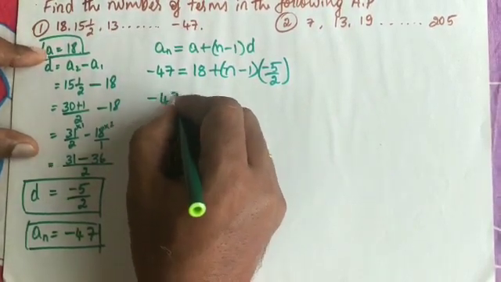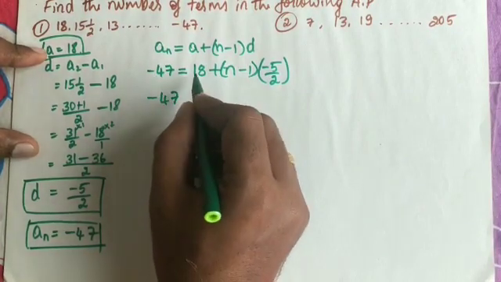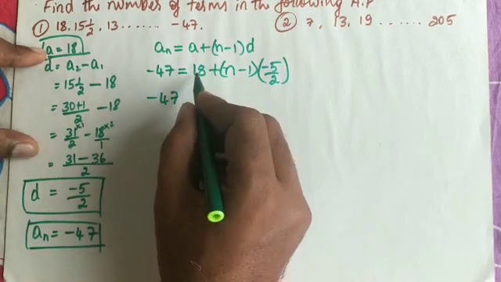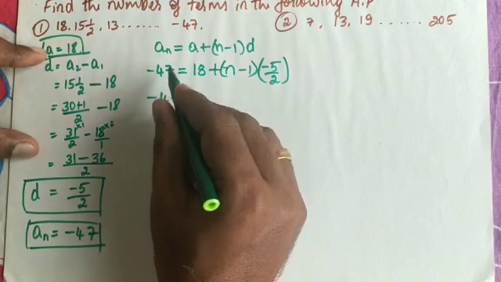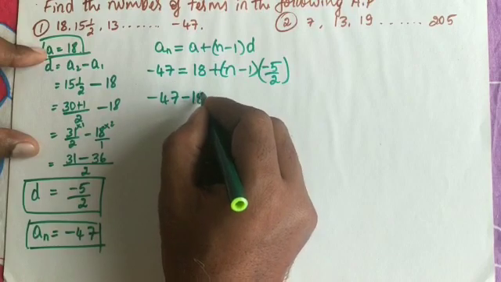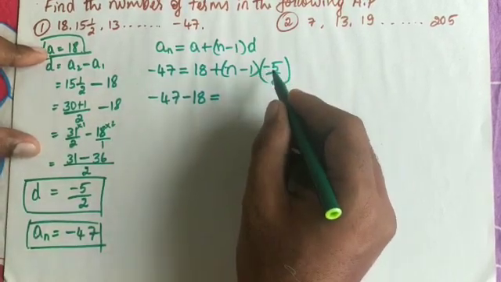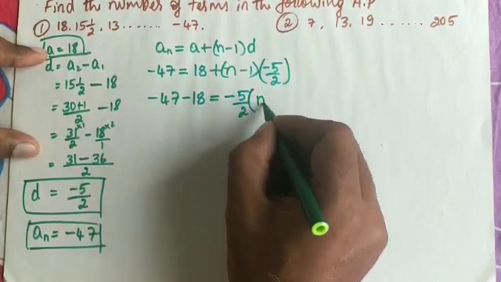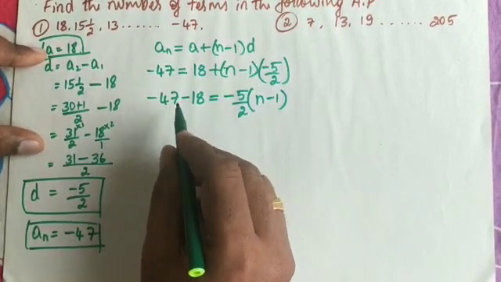Minus 47, and I will be taking this 18 to the left hand side. As I want this 18 on the left hand side, the sign changes. It has the positive sign, and as it is shifted to the LHS, its sign changes, minus 18, which equals minus 5 by 2 into n minus 1.